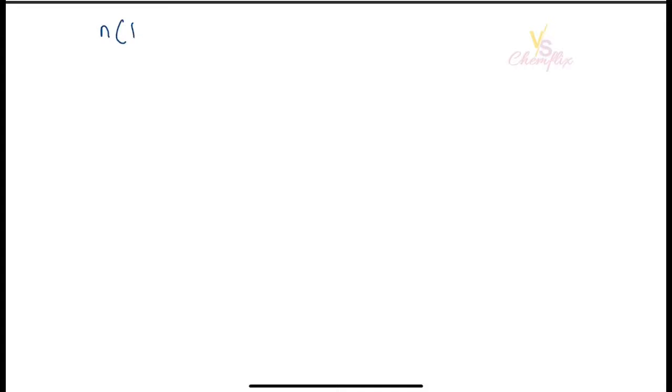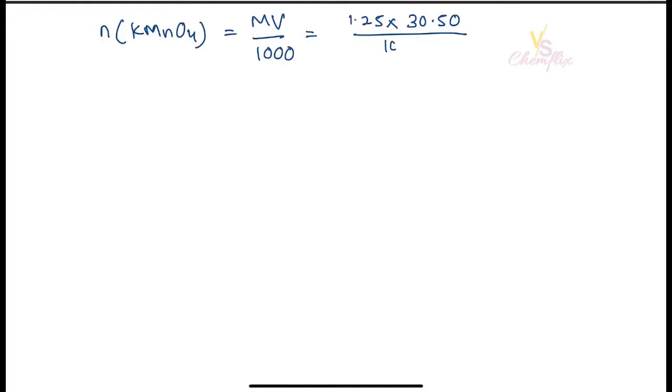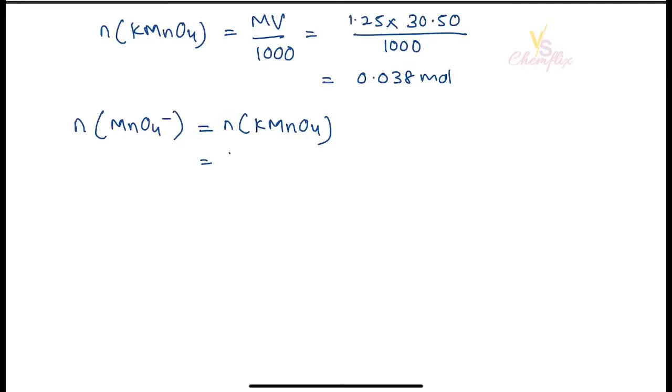The number of moles of KMnO4, using the formula MV over 1000, would be 1.25 multiplied by 30.5 divided by 1000, and it would be 0.038 mole. Here, do realize that the number of moles of MnO4- ions is equivalent to the number of moles of KMnO4, which is 0.038 mole.